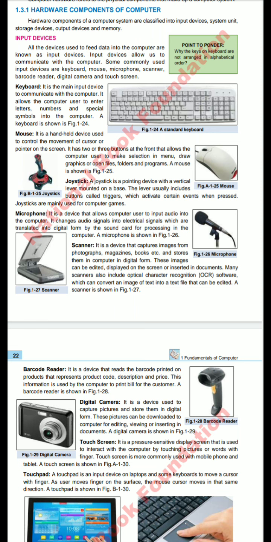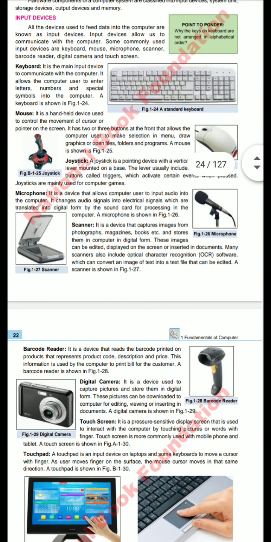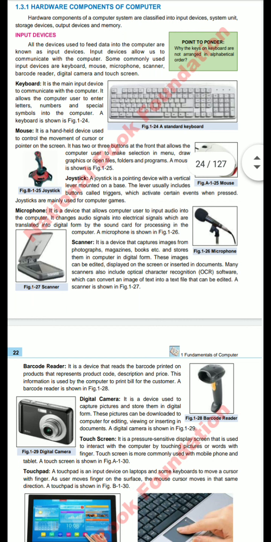The keys are divided into four parts. Number one is functional keys, number two alphabetic keys, number three alphanumeric keys, number four numeric keys, and next are the cursor control keys and special keys like space, enter, shift, alt, tab, numlock, scroll lock. These are the other keys.